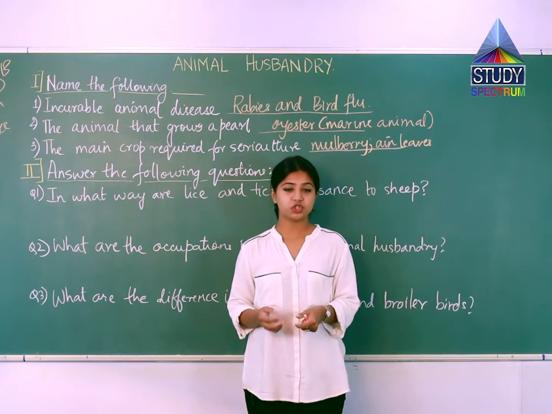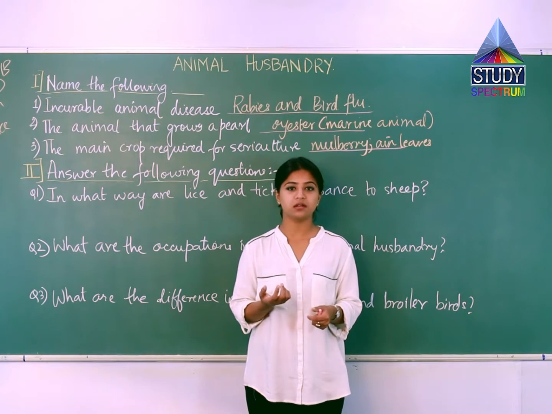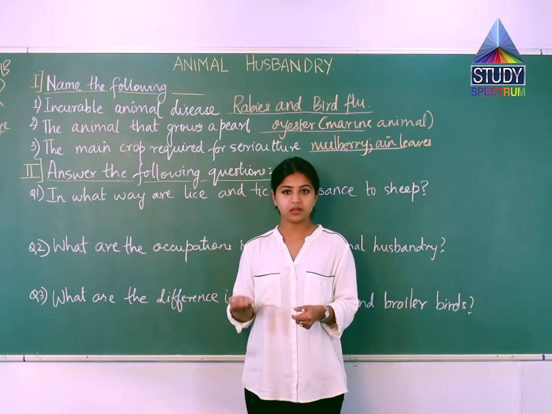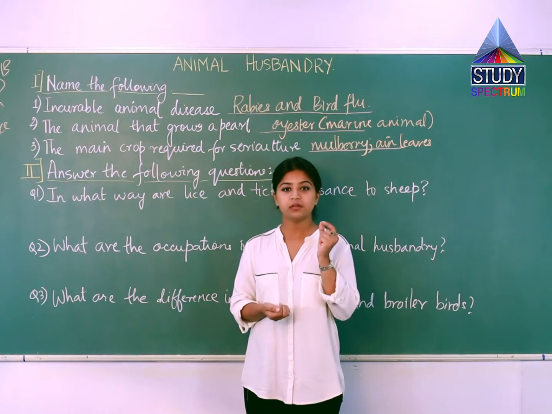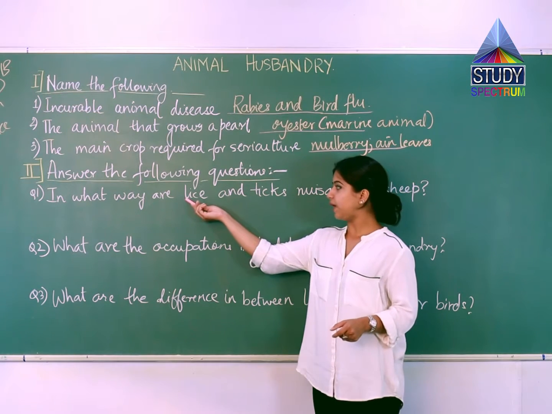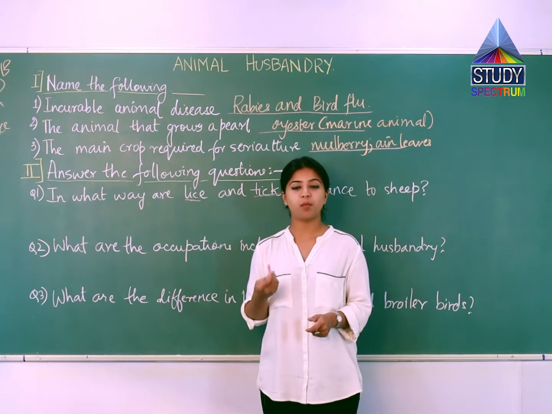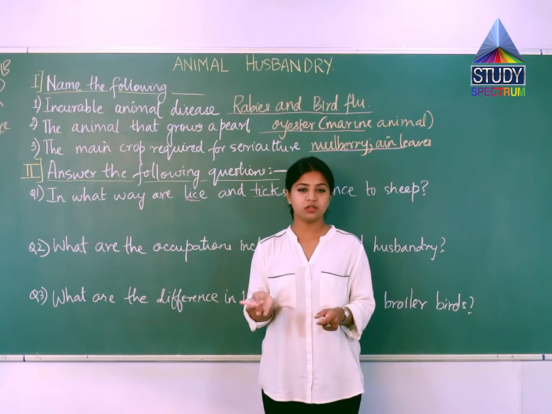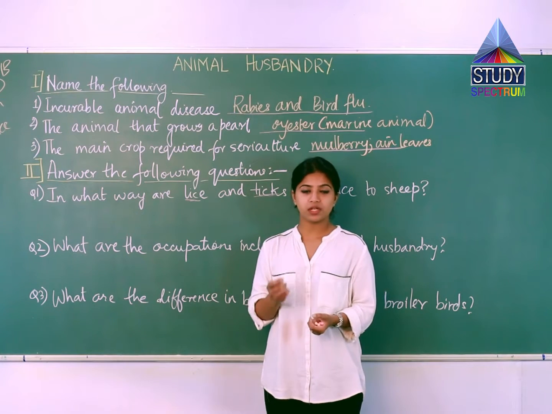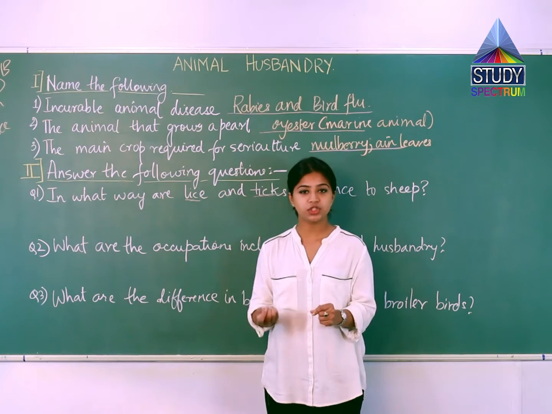I told you about this in sheep rearing. Since sheep have wool on their body, which helps protect us in winter, there are high chances that parasites like ticks and lice are going to be present on their body, in the anus region, the neck region, or the body surface. This is really bad for them, because these ticks suck blood from the body of the sheep.